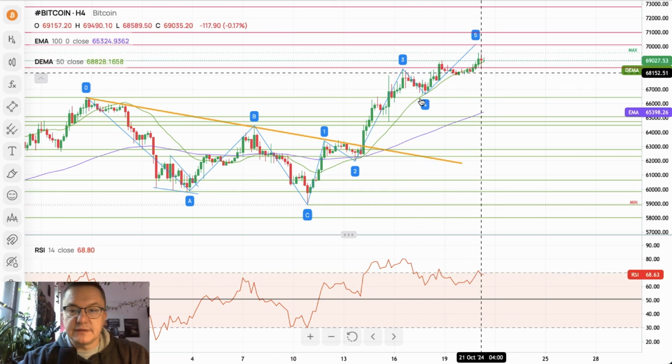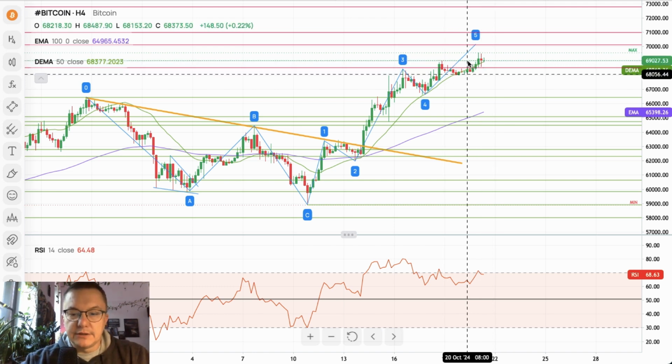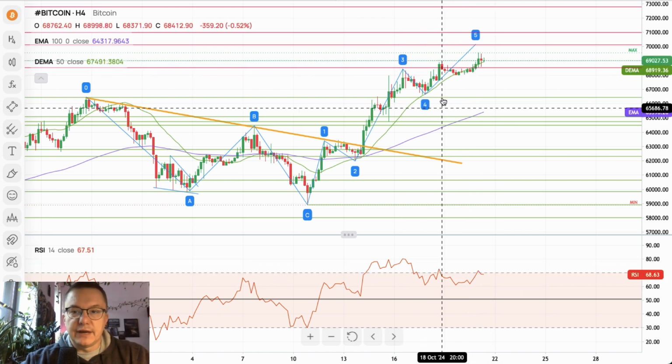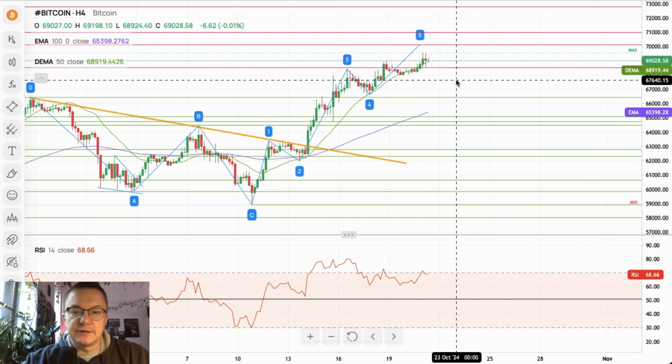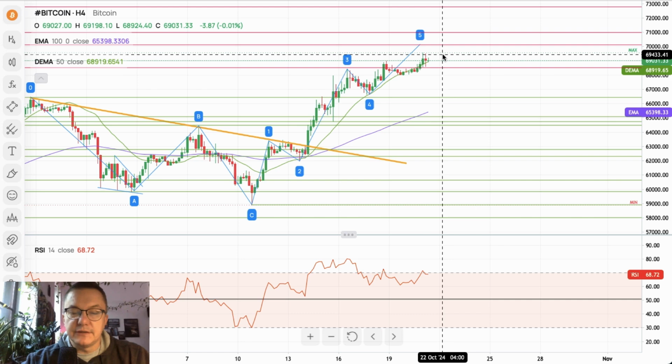Maybe there is some sort of ending diagonal developing here. So when we are done here with this wave 5, we should see an ABC correction to the downside. However, this movement to the upside is clearly impulsive, and this might be the first wave of the bigger impulsive cycle to the upside as Bitcoin gains more strength and it's being bought across the board.